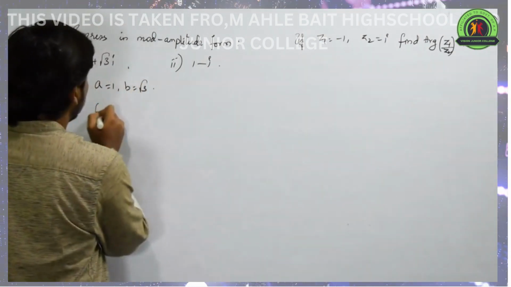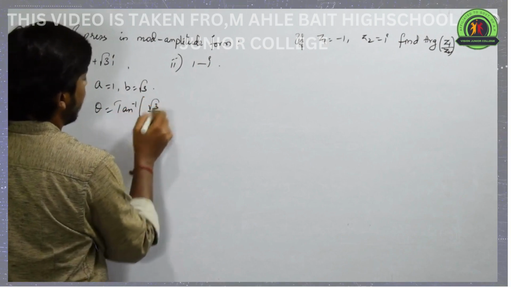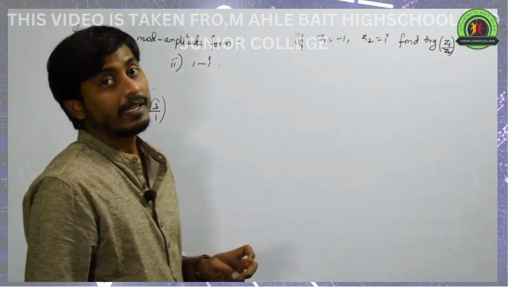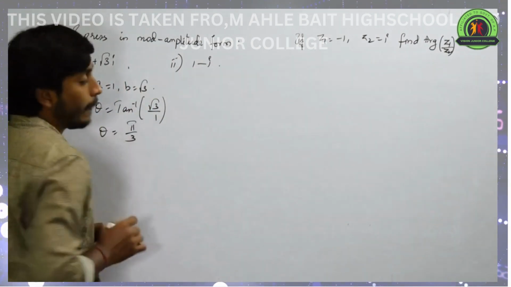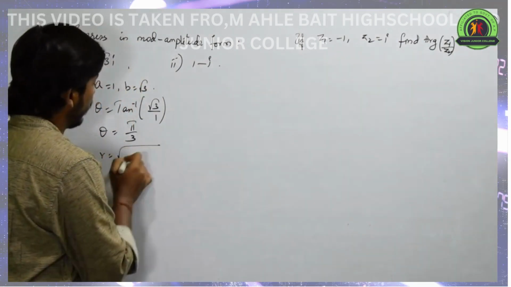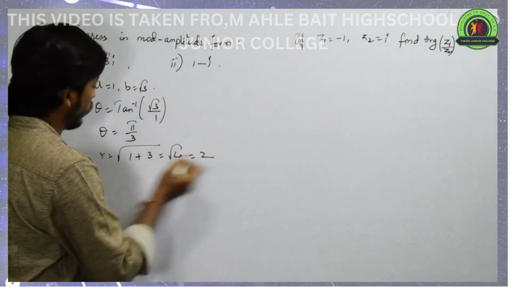What is theta now? Theta is tan inverse y by x. When do we get root 3 in tan? That is nothing but pi by 3. What about r? r is nothing but under root a square plus b square, that is root 4, that is 2.